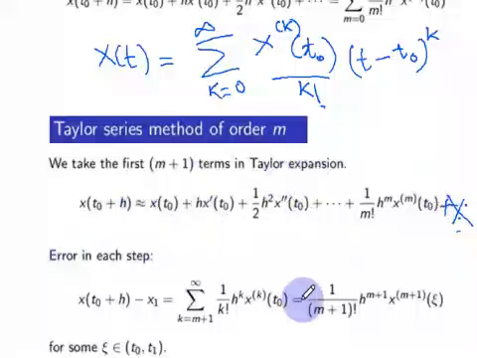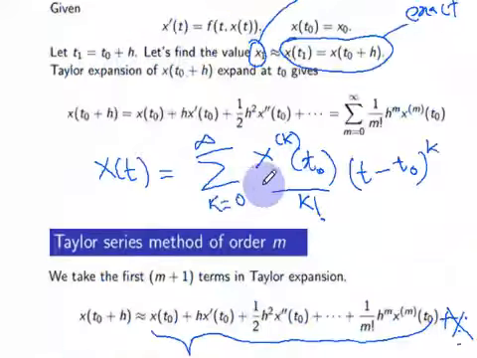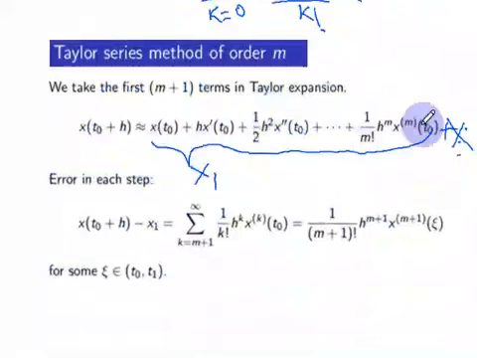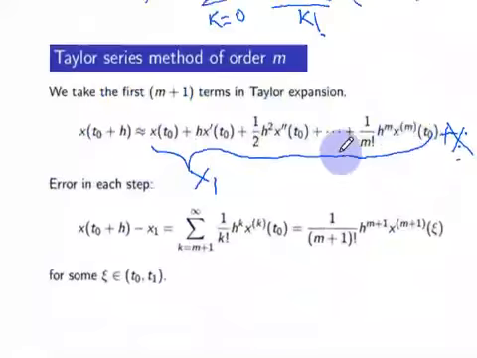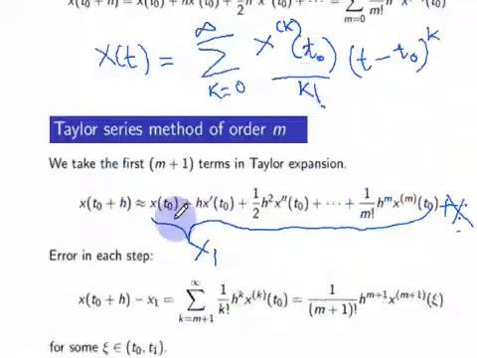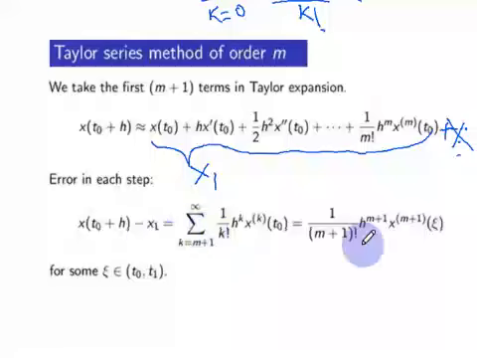According to our notation, this is your x sub 1, an approximation to the function x evaluated at t1. Definitely you can find the error. You know how to find that.